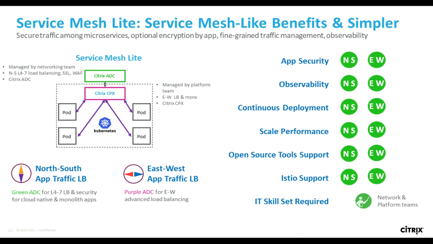So how do we simplify that? The simplification comes by using a centralized application delivery controller, as shown in the purple ADC inside the cluster. All the traffic between the microservices pods goes through this purple Citrix ADC or Citrix CPX.